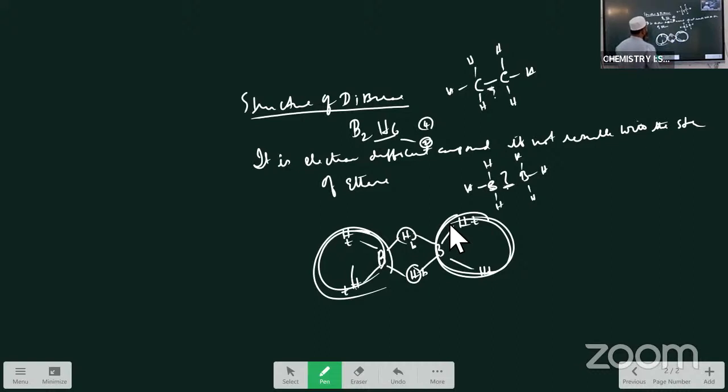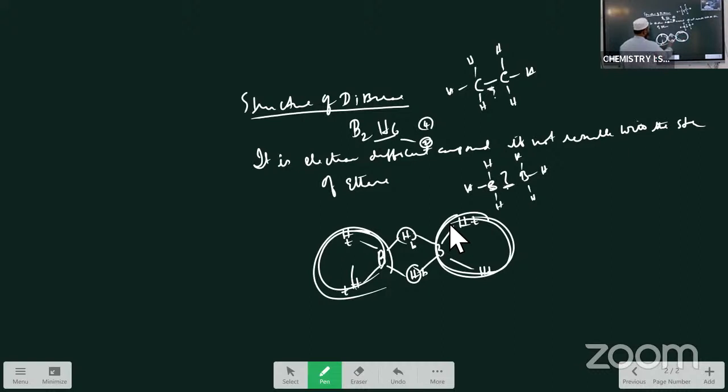Once again I am repeating, diborane is the electron deficient compound, it does not resemble the structure of ethane, it is short in electrons to form the 7th bond like in ethane. Spectral study shows that diborane is the planar molecule and among the 6 hydrogens in the diborane, 4 belong to one group called terminal hydrogens and 2 belong to the other group, those 2 hydrogens are called bridging hydrogens.